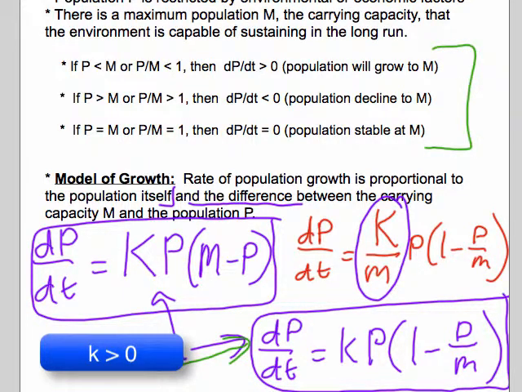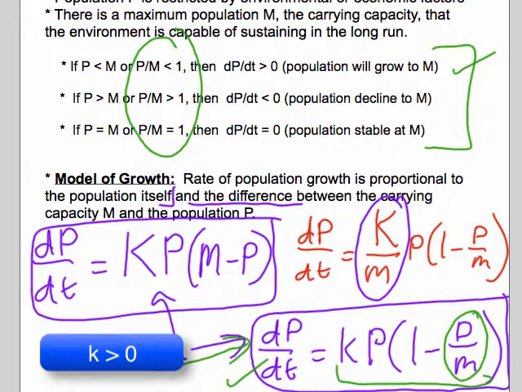You'll notice that I have ratios for P over M. And I can see that if this is less than 1, then this entire quantity, because P will be a positive amount, it's a population, then dP dt will be positive, and we'll be talking about growth. If P over M was more than 1, then this is all going to come out to a negative quantity, and so dP dt is negative, which means our population is declining.